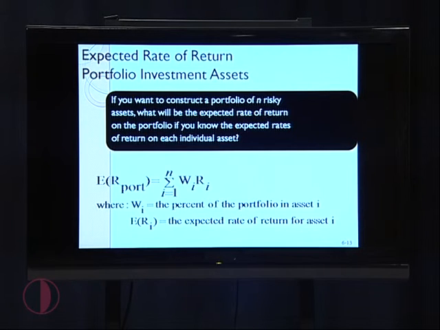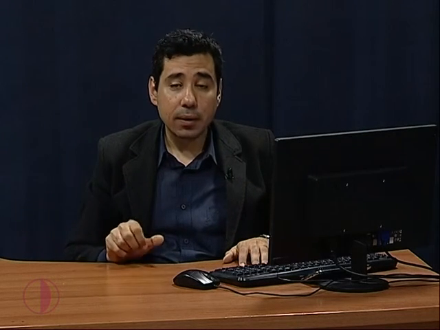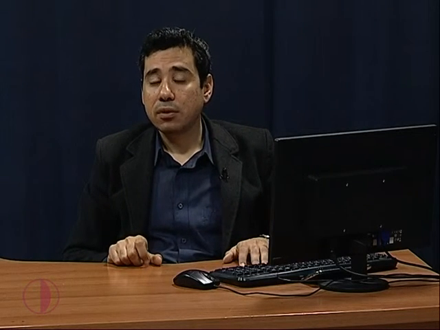If you want to construct a portfolio of a number of risky assets, to measure the expected rate of return on the portfolio, you need to know the expected rate of return for each individual asset. We calculate the expected rate of return for each asset, then we can calculate the expected rate of return for the portfolio.